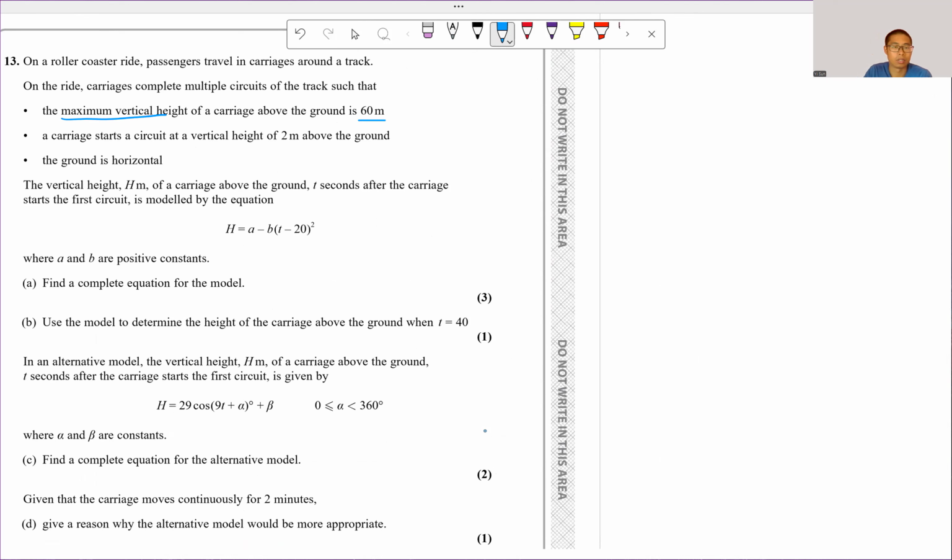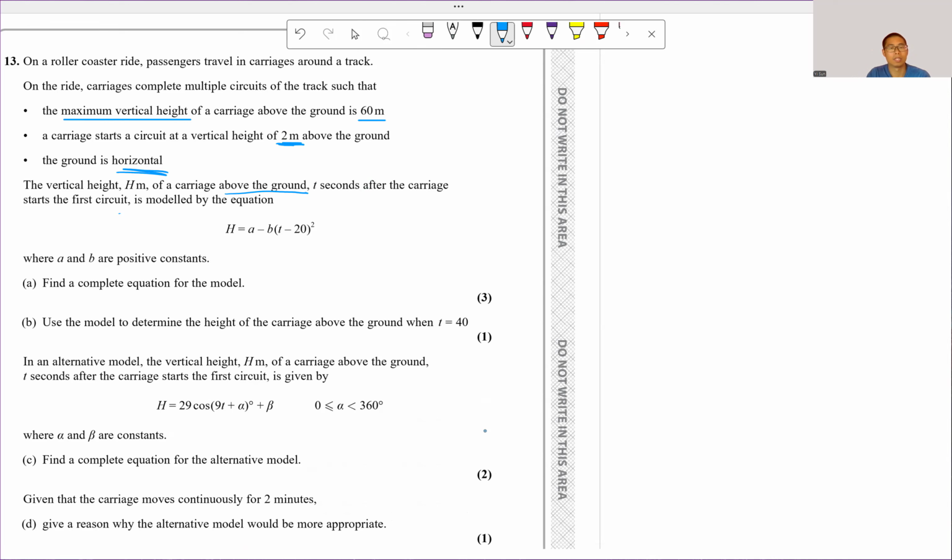The carriage starts a circuit at a vertical height 2 meters above the ground, and the ground is horizontal. So the vertical height h meters above the ground, t seconds after the carriage starts the first circuit, is modeled by the equation h = a - b(t - 20)^2, where a and b are positive constants. Find a complete equation for the model.